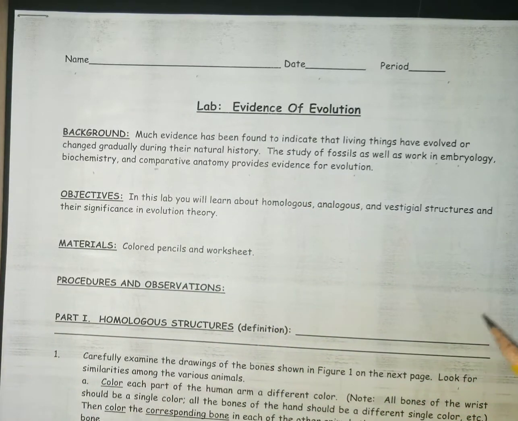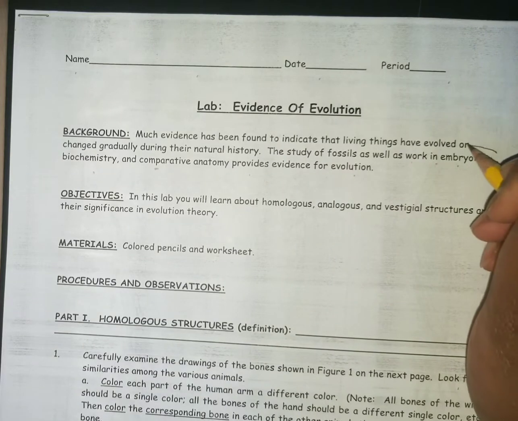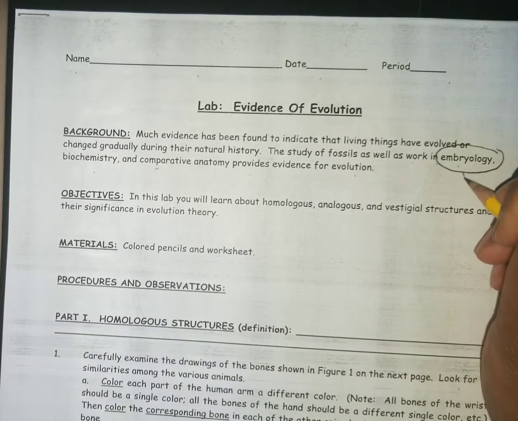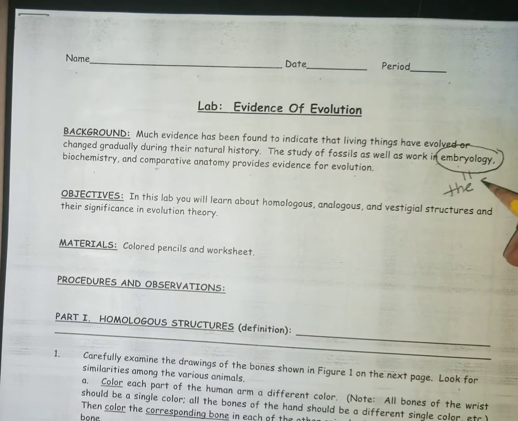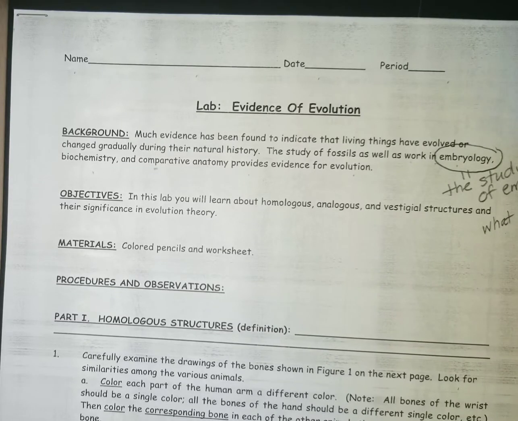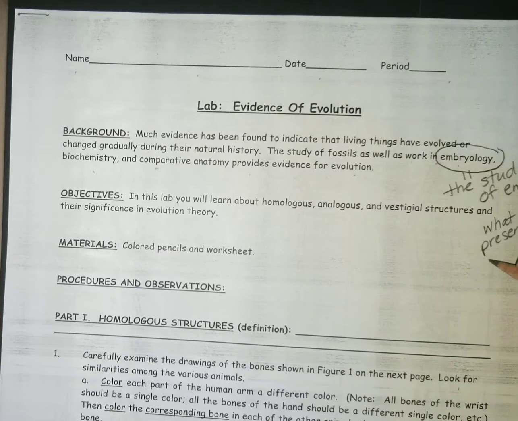Now, one of the words that you may remember is embryology. Embryology is the study of embryos, and embryos are basically what is present in an organism prior to birth.